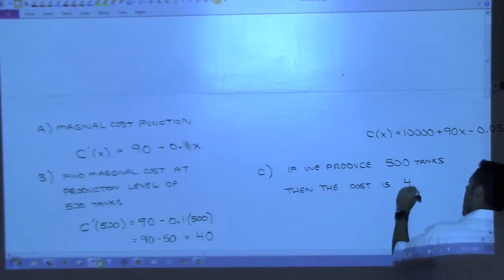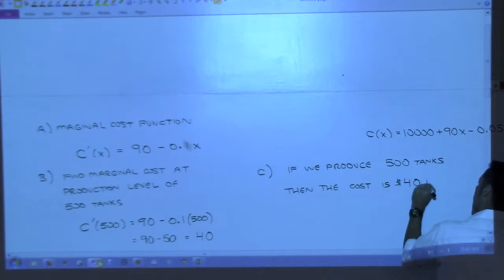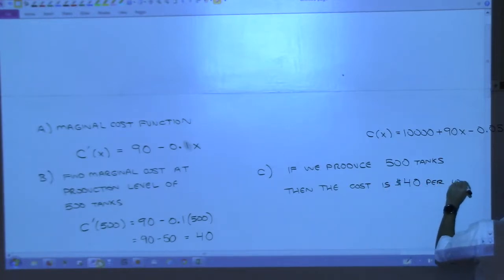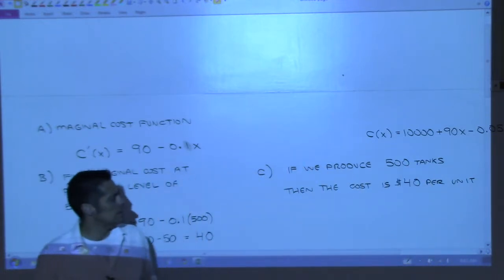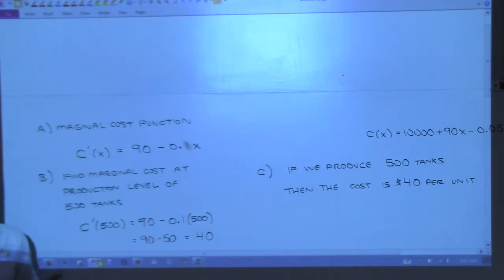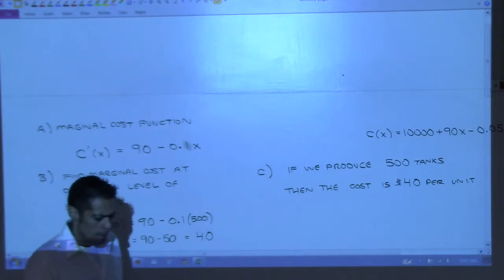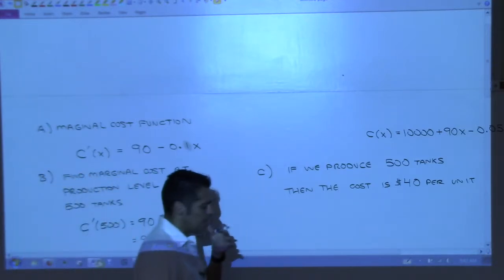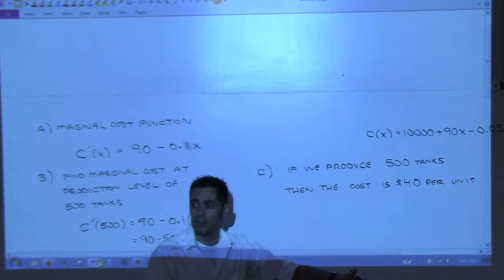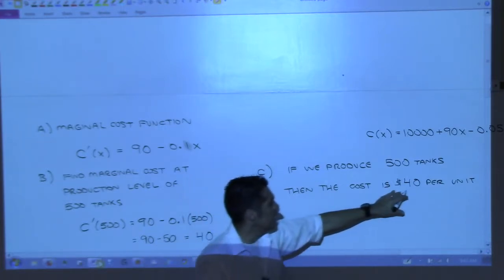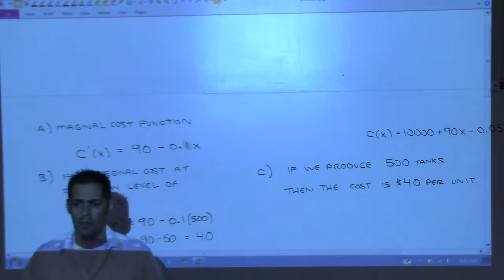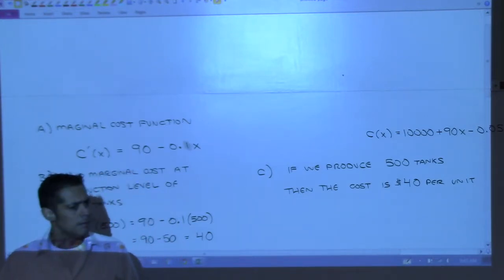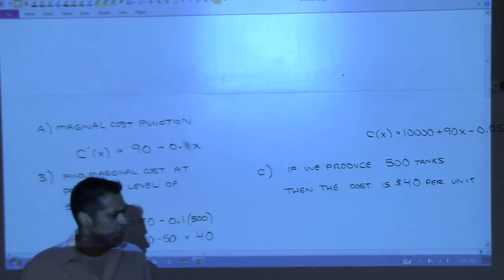I'm asking whether or not we all agree on this. The way I interpret that is that if we make 500 units, we're saying it's costing us $40 per unit to make 500 units. Okay? Is that what this marginal cost is actually telling us?